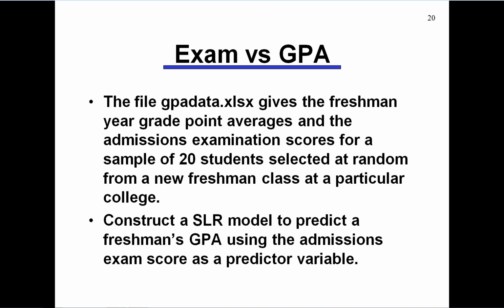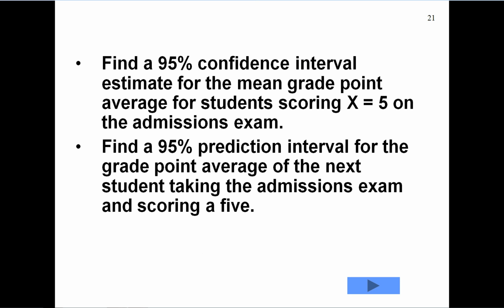The file gpa-data.xlsx we've already worked with. We know that it's a sample of 20 students who took an admissions exam, and then we looked at their grade point averages later on after they had been admitted. We want to construct a simple linear regression model to predict a freshman's GPA using the admissions exam scores as a predictor variable. We've already worked through this problem, and now we want to do it using matrix arithmetic.